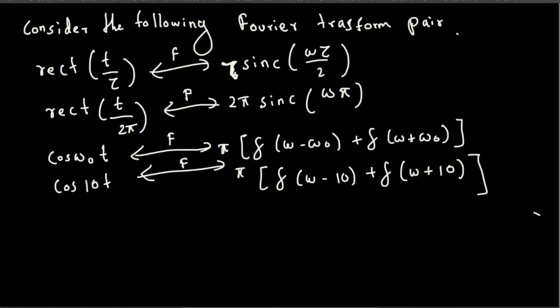We have found the Fourier transform of rect of t over 2 pi, that is this, and also the Fourier transform of cos 10t, that is this.